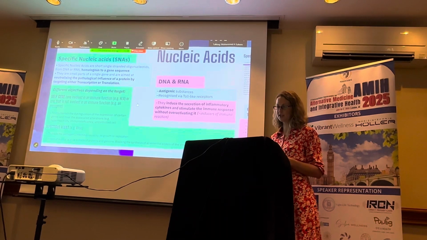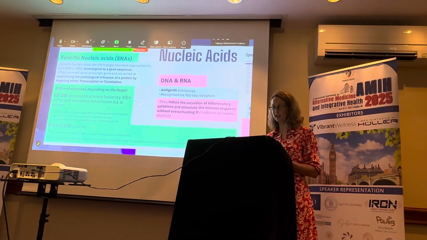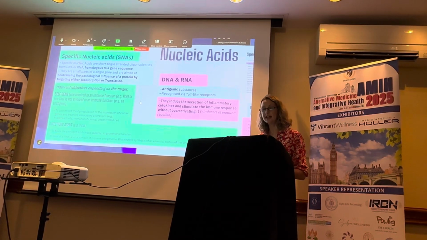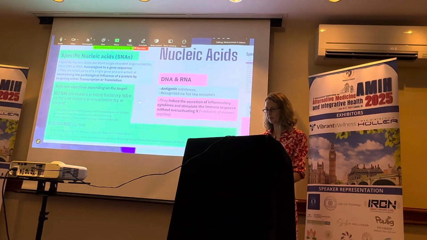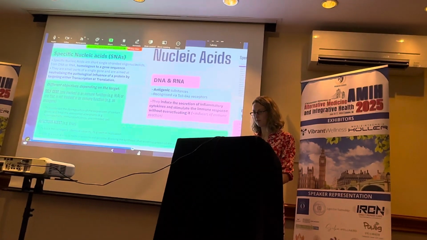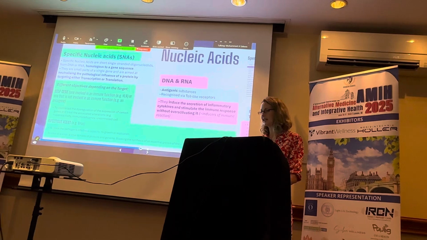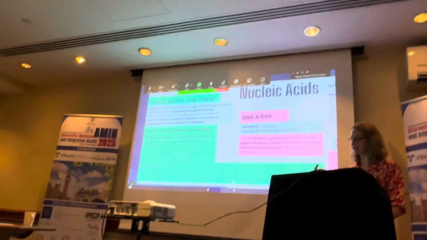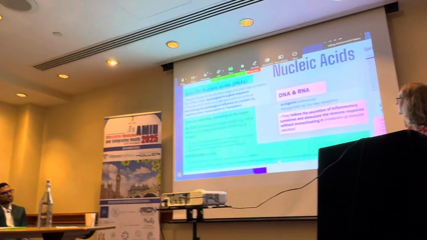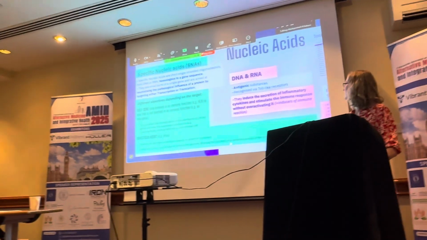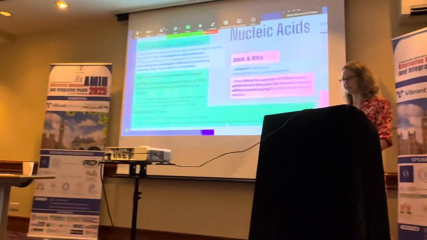Or whether it's an infectious agent like a virus, it's about blocking the pathogen's infectious capacity, its growth or its replication. And then DNA, RNA, antigenic substances induce the secretion of inflammatory cytokines and stimulate the immune response without over-activating it.